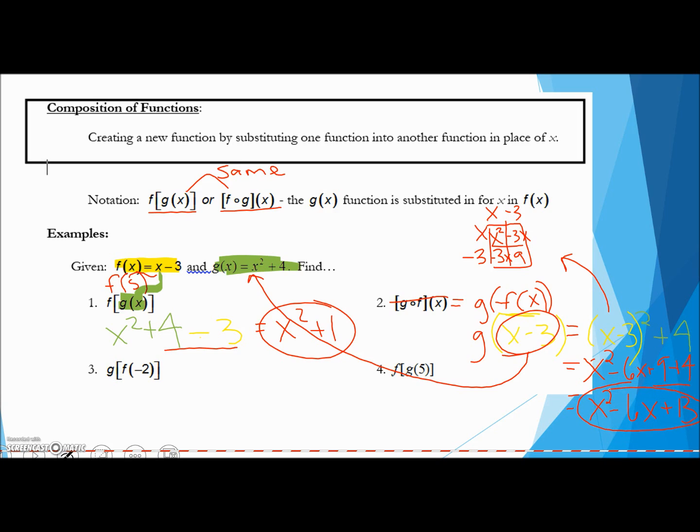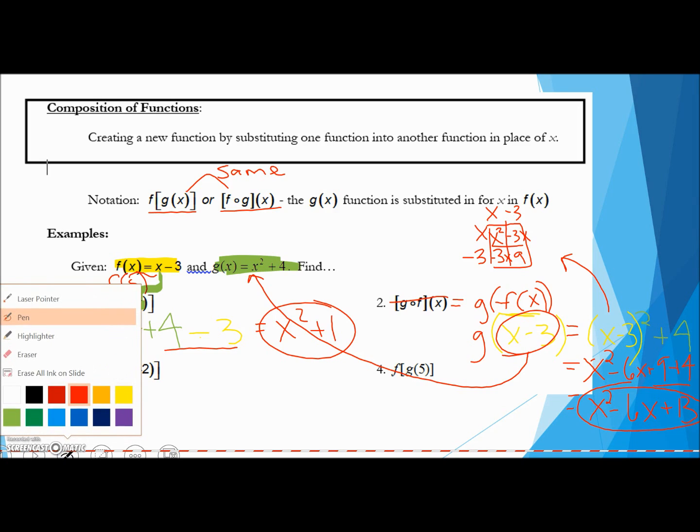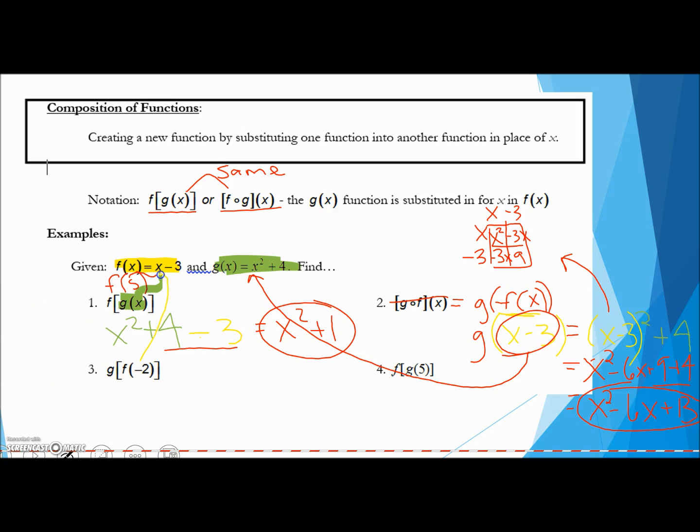Number 3. This time I have a number in it. If I have a number in it, what I want to do is plug that number into the inside function first. So I'm going to take that negative 2 and plug it into my f function first. I can use my calculator or my brain. I'm just doing negative 2 minus 3, which, using my brain, is negative 5.